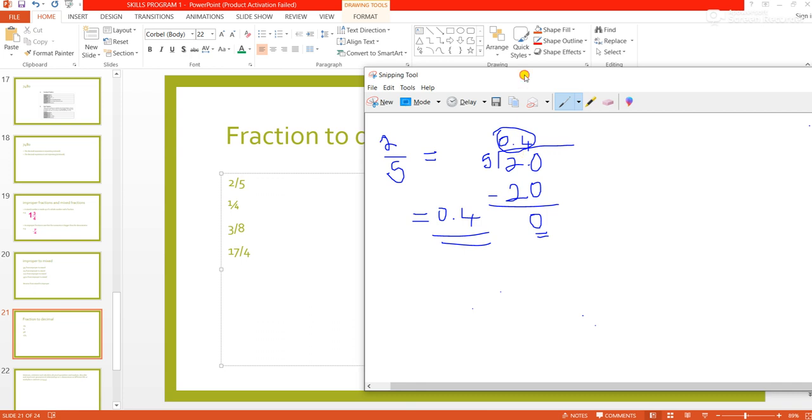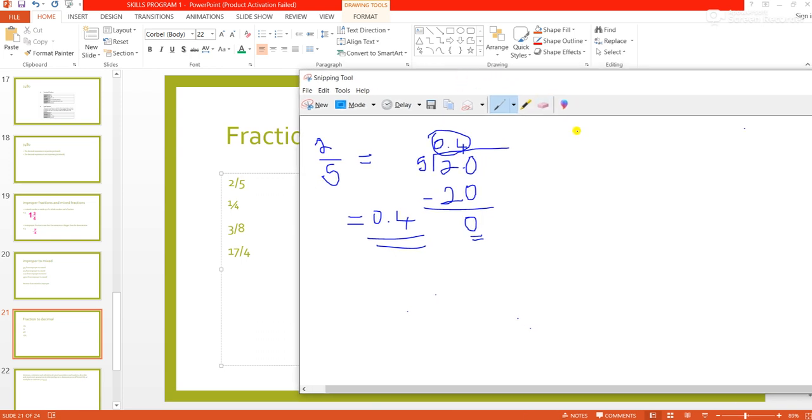So moving on to our next example, we've got 1 over 4. We'll include a 4 on our long division. We've got a 1. The first step, how many times does 4 get into 1? 0 times. We need to include a 0. So this is 10. We assume this is 10.